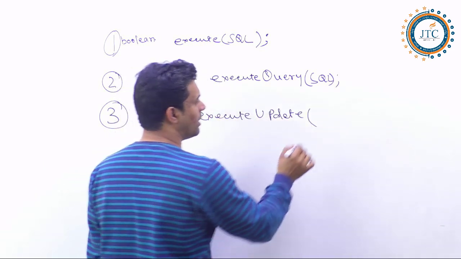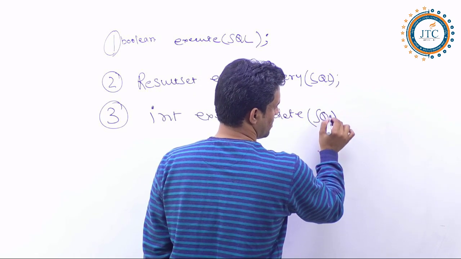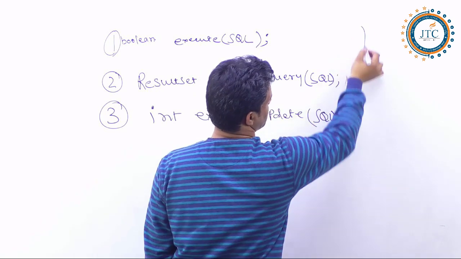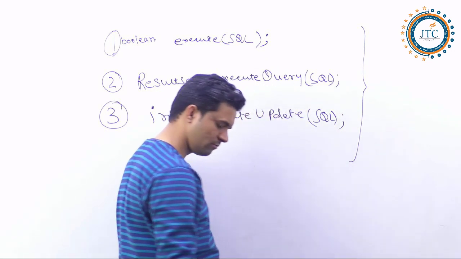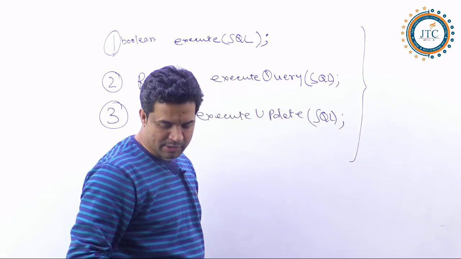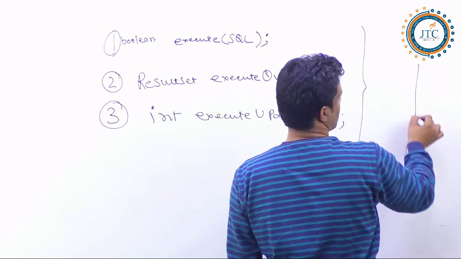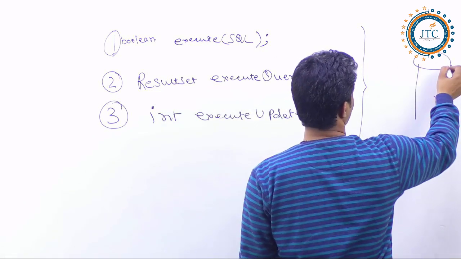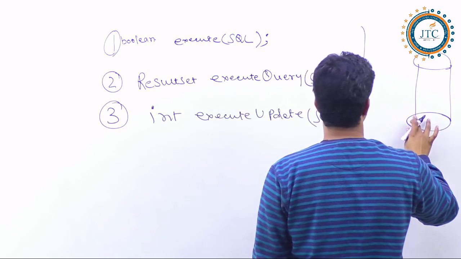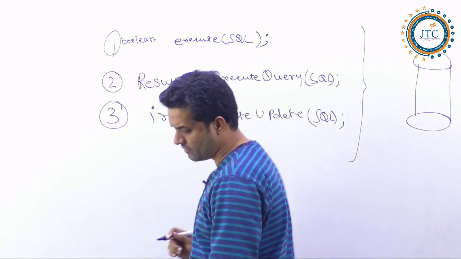Here also you are going to pass some SQL query. I'll write examples on the basis of all that and explain them again. This is the database we are having.